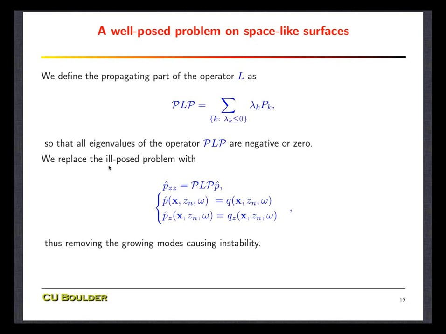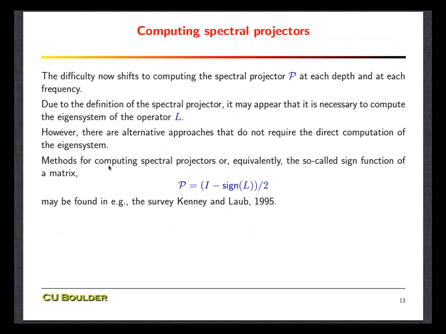It's fine. So what I did, I shifted the difficulty now into computing these projectors. It turns out that there are many ways of computing these projectors. A good review of this can be found in Kenney and Laub 1995. They come from control theory, where such things are done.